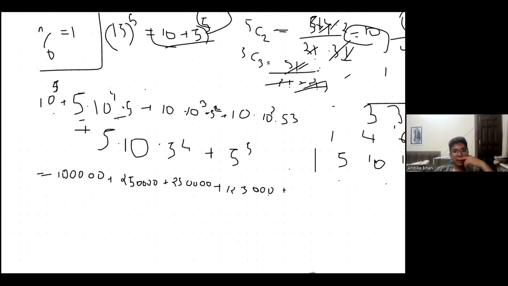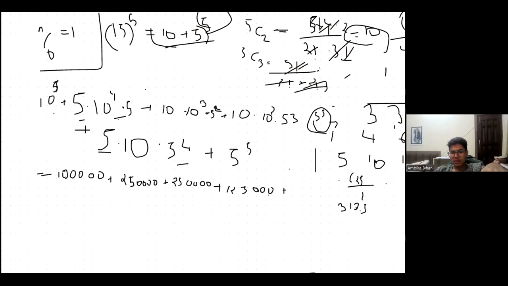This is 5 to the power 4 and one more 5. So it is 5 to the power of 5. We know that 5 to the power 4 is 625. So instead of multiplying by 5, I would like you to divide it by 2, which will give me 312.5.